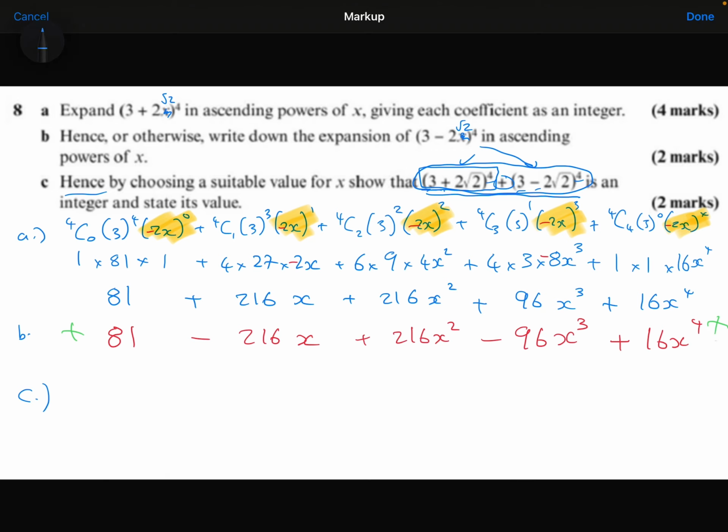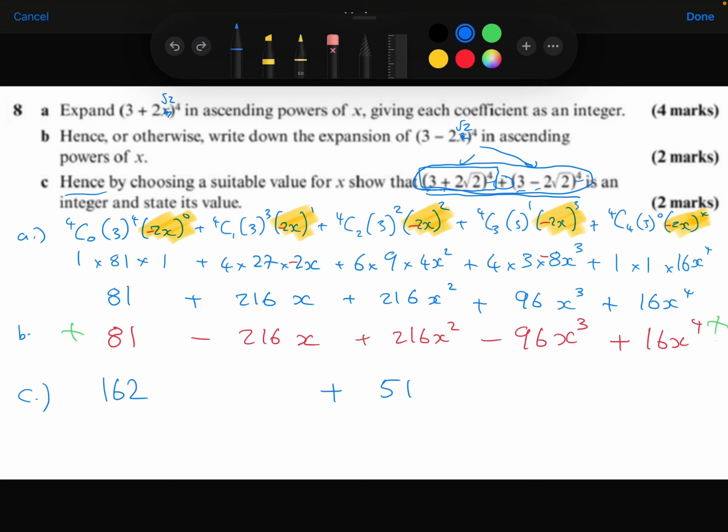So 81 plus 81 is 162. The 216x minus 216x cancels out. The 216x squared plus 216x squared will be 432x squared. The 96x cubed minus 96x cubed will cancel out. And the 16x to the power 4 plus 16x to the power 4 is 32x to the power 4.